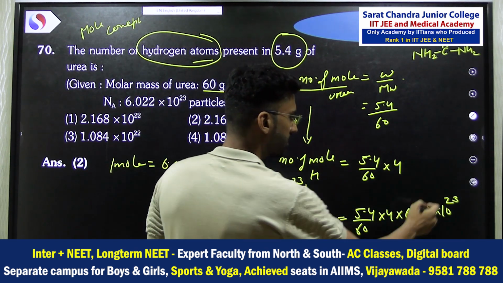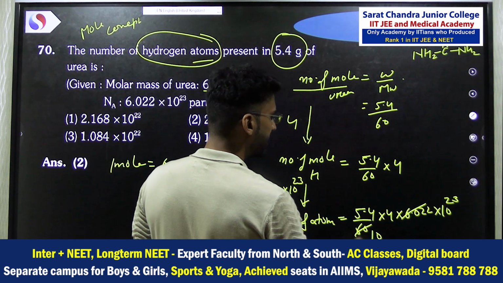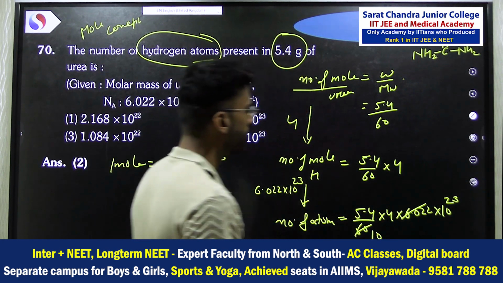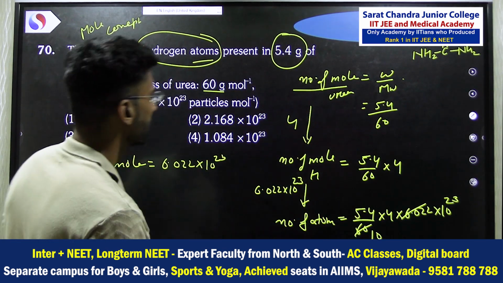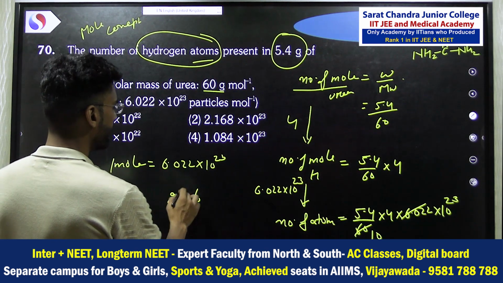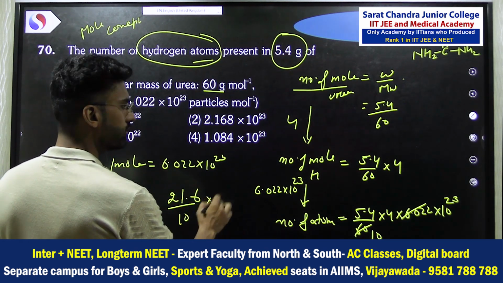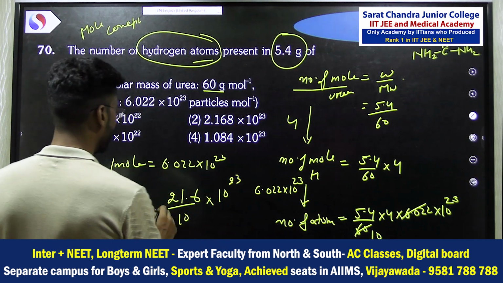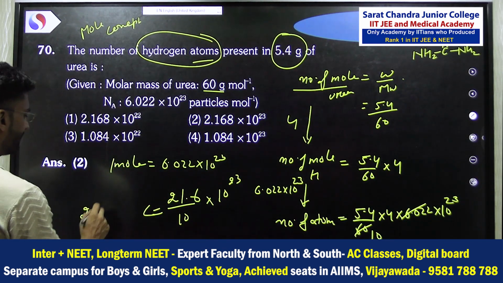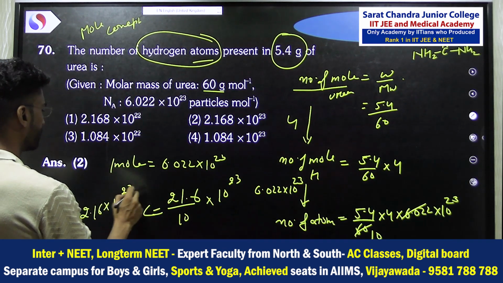Okay, solve this. Assume 6.022 is 6 and 60 is 10. So 5.4 into 4 into 6, divided by 10 into 10 raised to power 23. So I can write it as 2.16 into 10 raised to power 23.